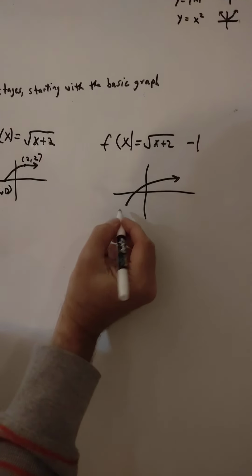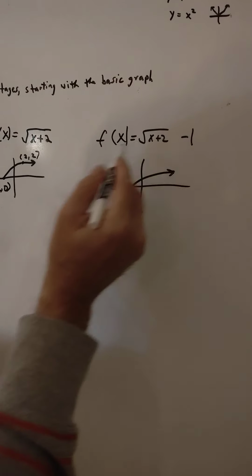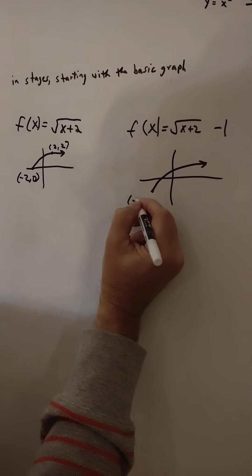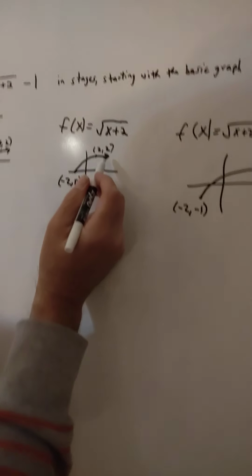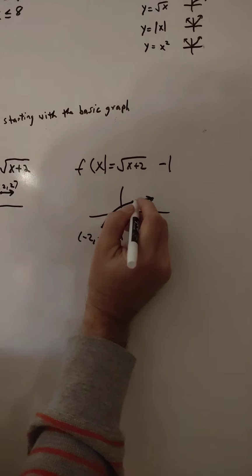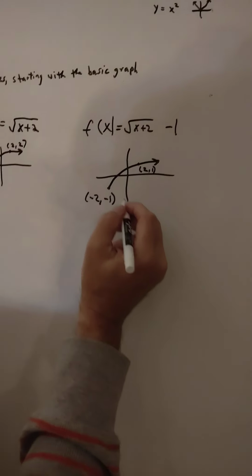And what is this endpoint going to be? I subtract 1 from all previous y coordinates. What's 0 minus 1? -1. So -2, -1. And what is this point going to become? 2, 1. Right over here. And that looks good.